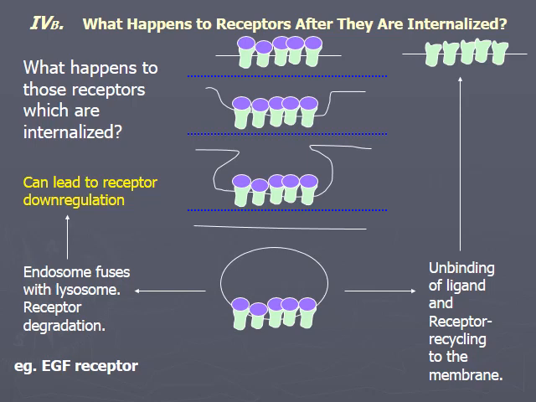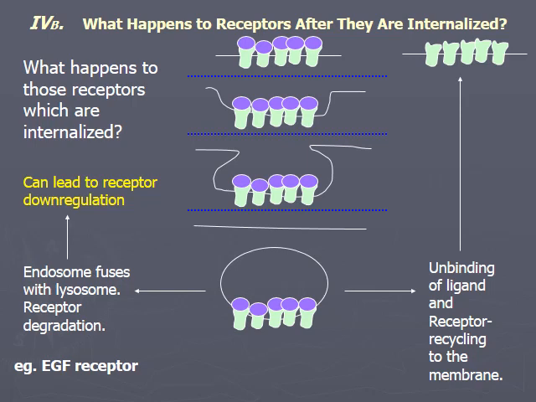But experimentally, we see with receptor tyrosine kinases that under prolonged stimulation, they'll pinch off and enter the cell in a vesicle. And then there will be a period of time where there are fewer receptors on the surface. We would say that that's downregulation. There are not as many receptors there as there were before.